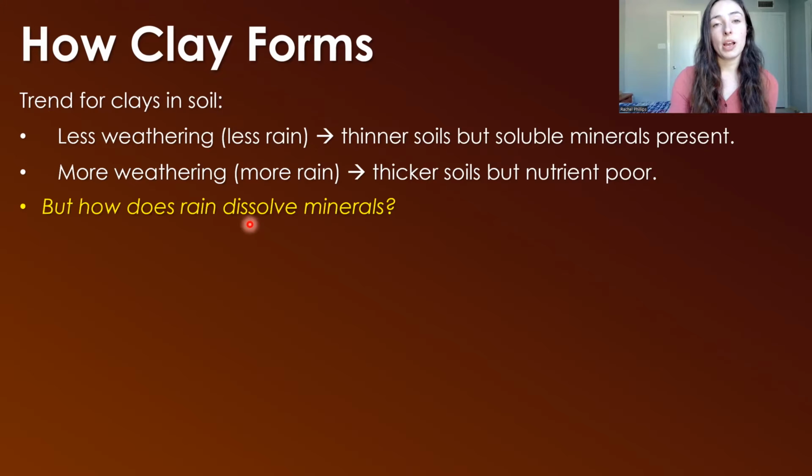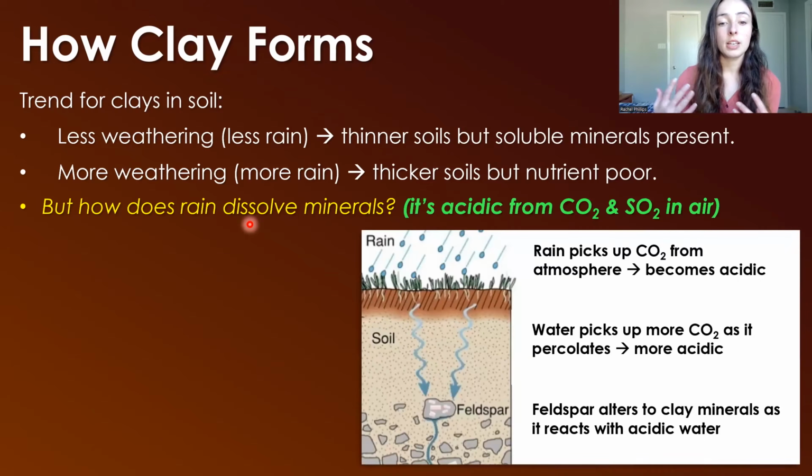And then we talked about how rain dissolves minerals, because the whole process of clay formation is that rain comes and dissolves the primary or original mineral, and therefore the ions that are left over create secondary phases called clays, which are a little bit more resistant to weathering after the fact. This is because rain is acidic.